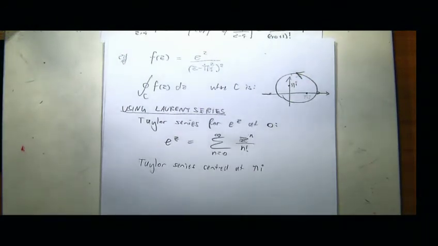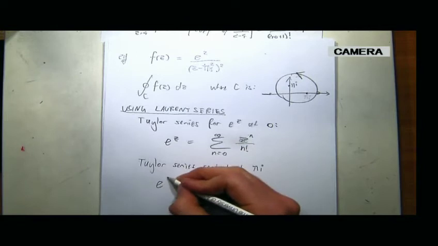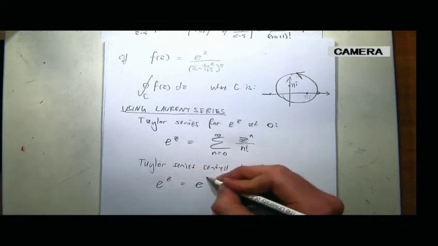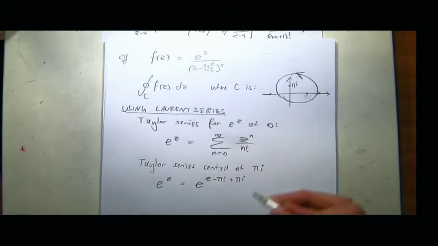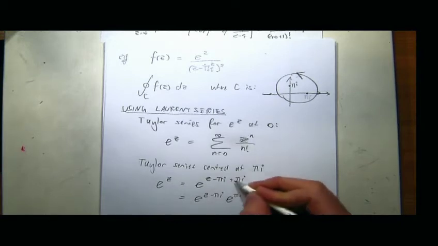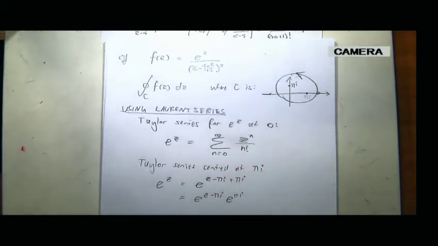So I've got a Taylor series at 0. I need it centered at pi I. So e to the z is e to the z minus pi I plus pi I, which is e to the z minus pi I times e to the pi I, because of course plus up in the powers is times down below.